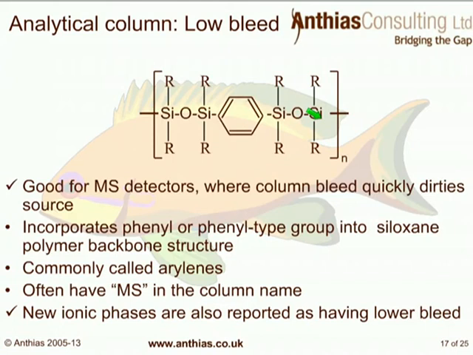These will incorporate either a phenylene or phenyl type group into the siloxane polymer backbone, and they're quite commonly called arylenes. Columns which are optimized for mass spec often have MS in the column name, meaning it's very easy to identify these lower bleed columns. There's also a new type of column stationary phase out, which are called ionic phases, and these are reported as having lower bleed, and therefore they're suitable for mass spectrometers.